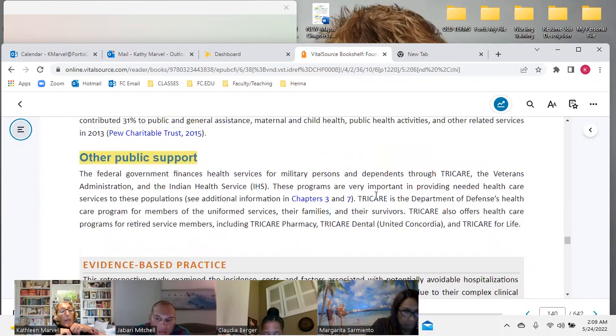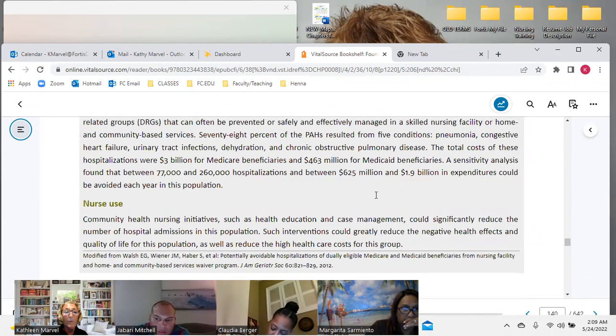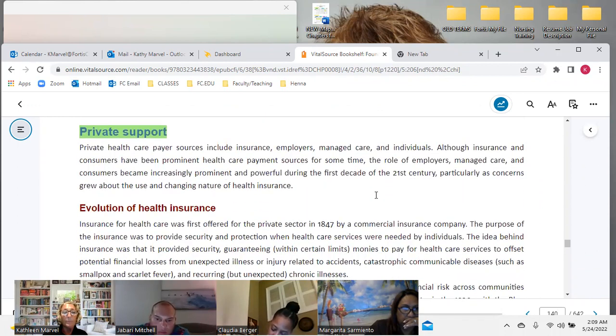Then the third category is called other public support, and this is your Tricare. Tricare is health coverage for military and their dependents. And then the VA is in this as well. Then we have the fourth, which is private.